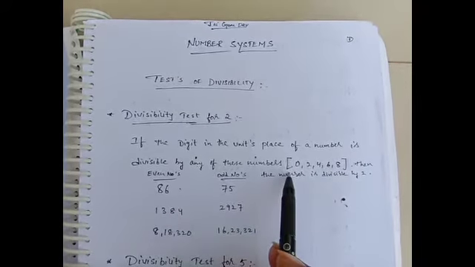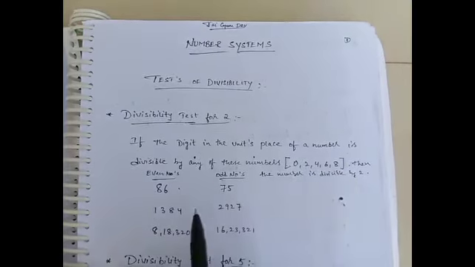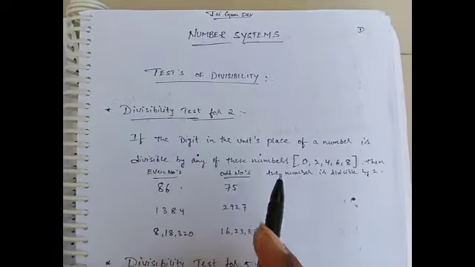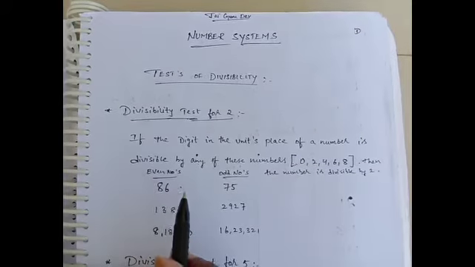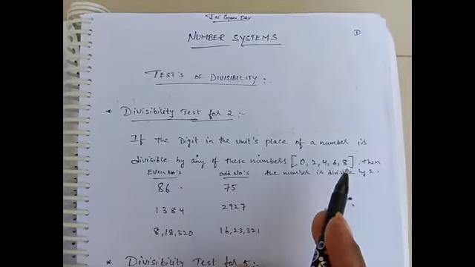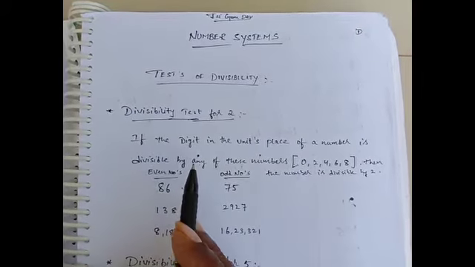So in this case we have to mainly concentrate on the units digit of a given number. If that unit digit is any of these numbers, then that number is divisible by 2.